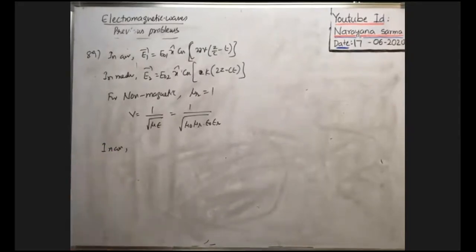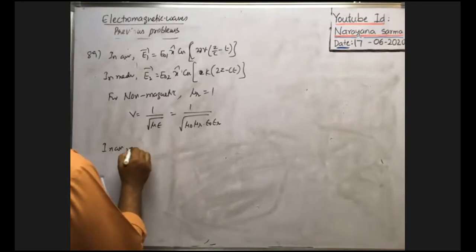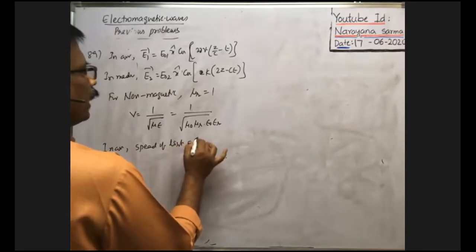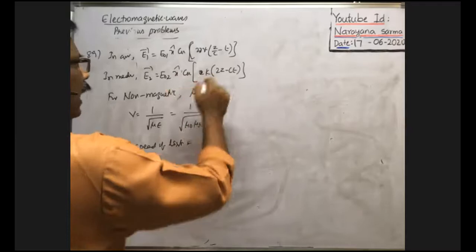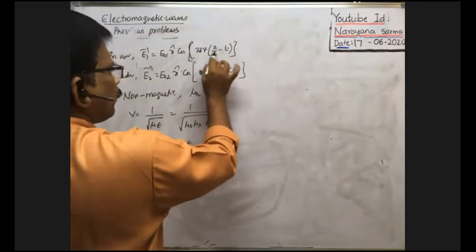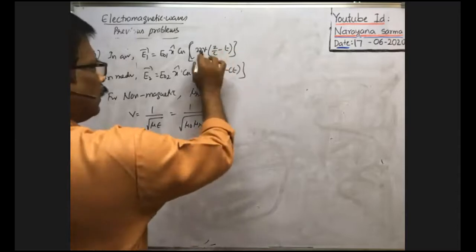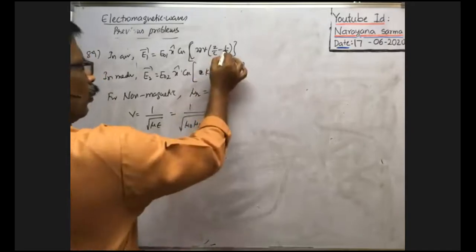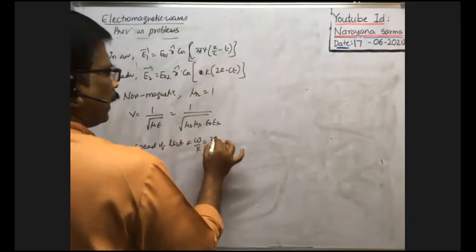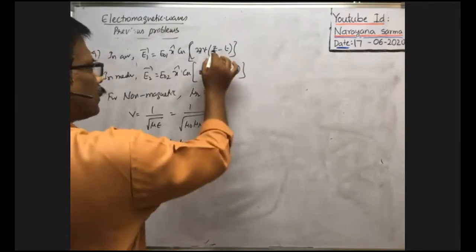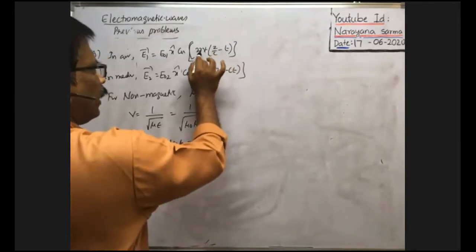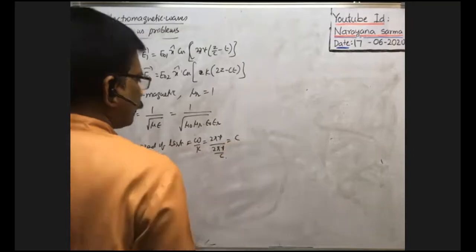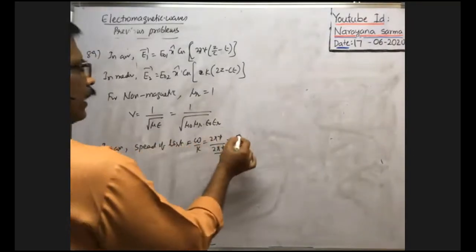In the wave argument, kx minus omega t, the coefficient of t is 2 pi nu, so omega is 2 pi nu. Instead of k, 2 pi nu by c is there. So omega by k equals c only. That's why speed of light in air is given as c.